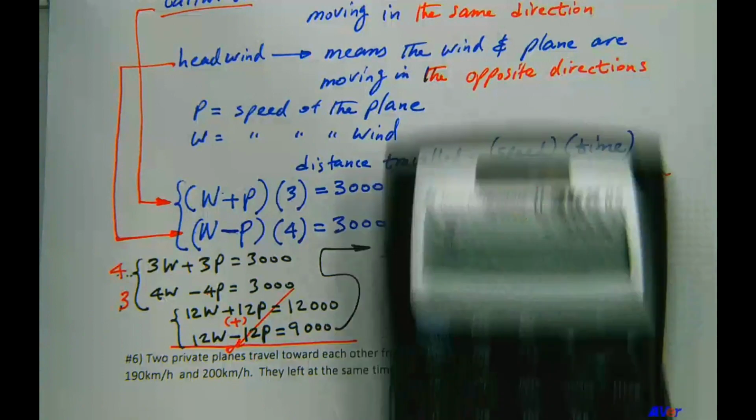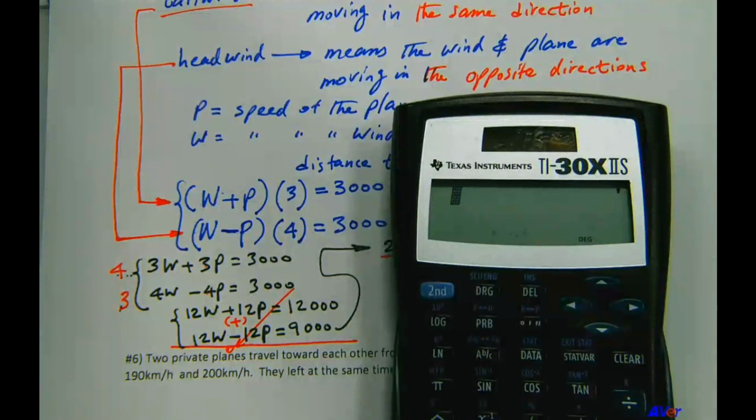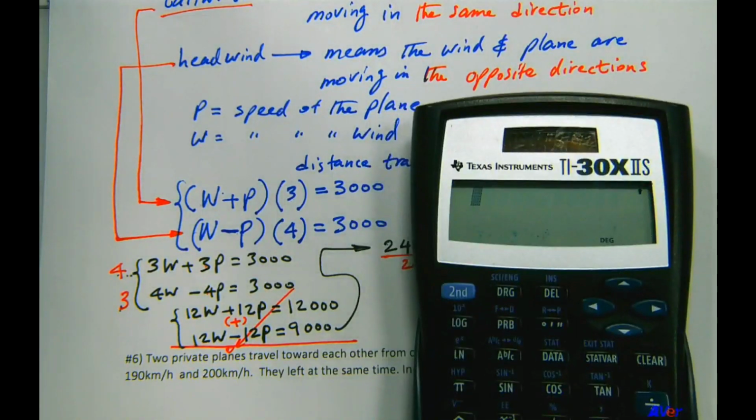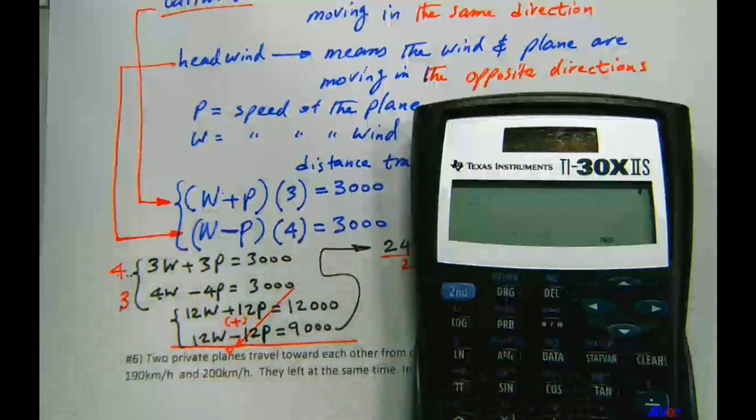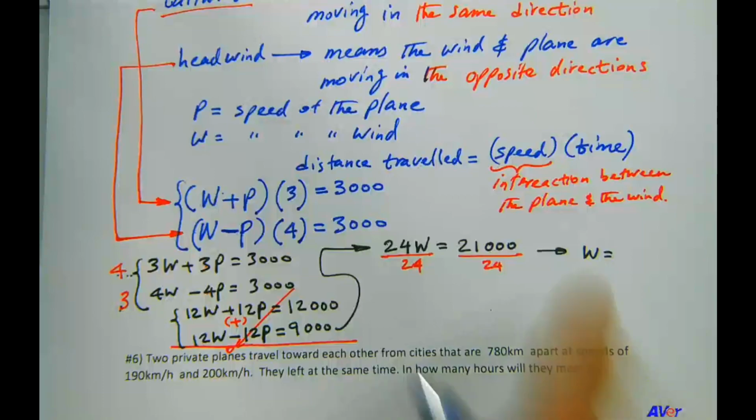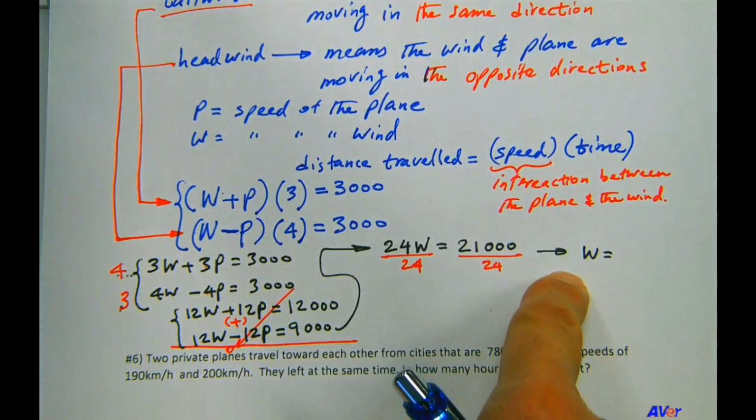So let's see, 875. Then that means if we plug that in here, let's say in this equation, or kilometers per hour. Yeah, that's actually should be the speed of the plane, not the wind.